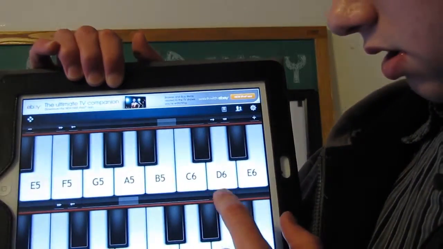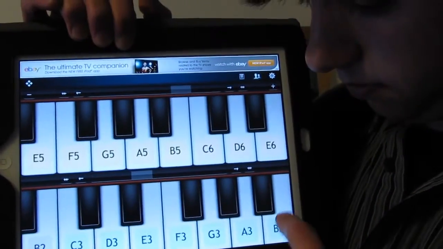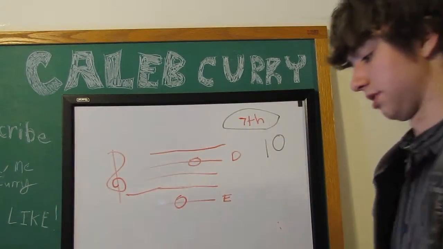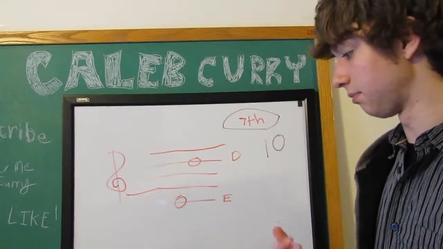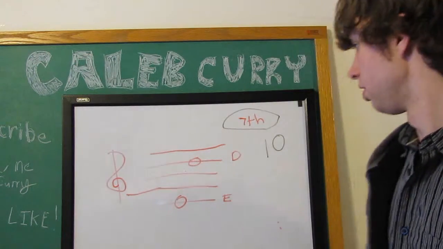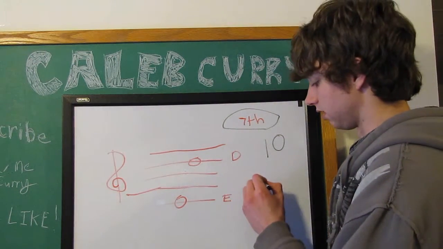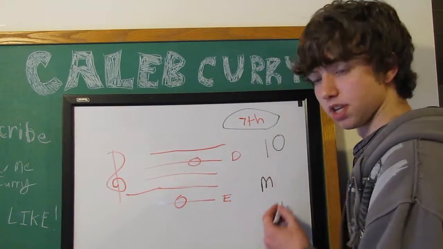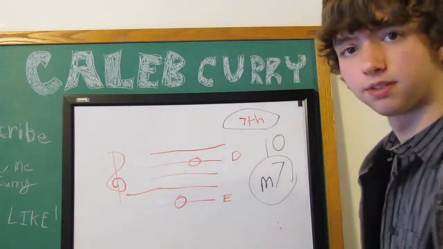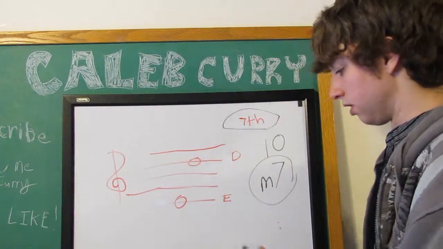C to B is a major seventh with 11 half steps. Now, if we subtract 1 from a major, what do we get? Minor. So this is a minor seventh. You can represent it with a lowercase m, 7. Minor seventh. Good job. Let's do another one.